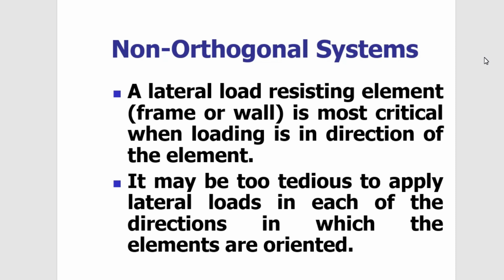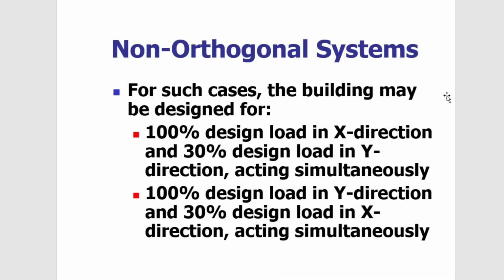One solution is that you can apply the seismic force along different axes, but that will be too tedious, with scaling issues every time. A simple solution is given: 100% design load in the x direction plus 30% design load in the y direction, acting simultaneously.